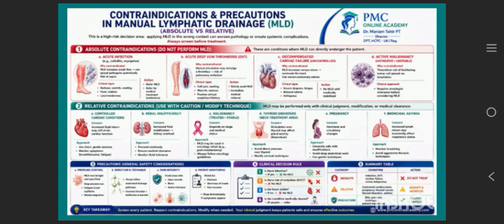So the summary for this topic, you should know what you have studied in this topic. The categories are absolute, relative and precautions. In absolute, the conditions are infection, DVT, cardiac failure, active malignancy.